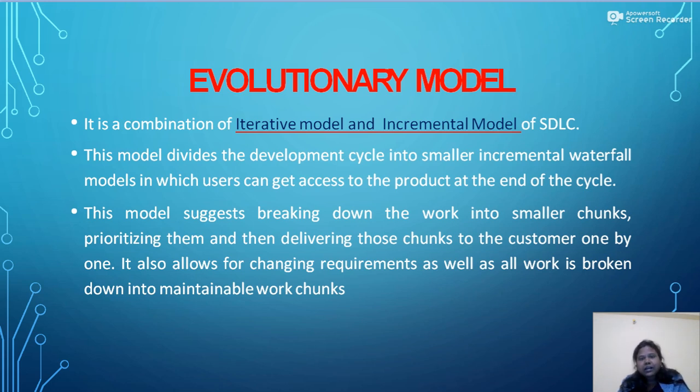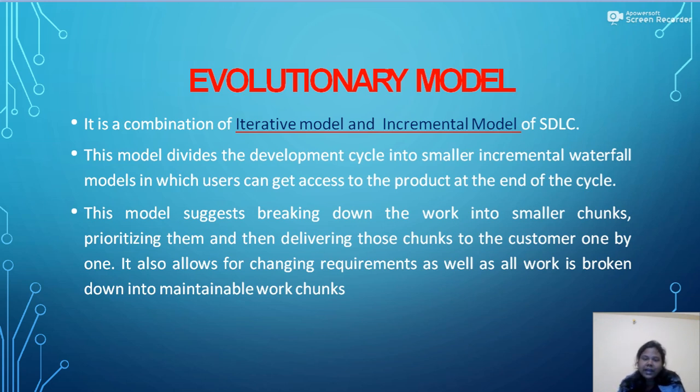Still, I will discuss the iterative and incremental model in today's class. The iterative model is basically the advanced version of the traditional waterfall model, the enhanced part of the traditional first model of the software development life cycle.